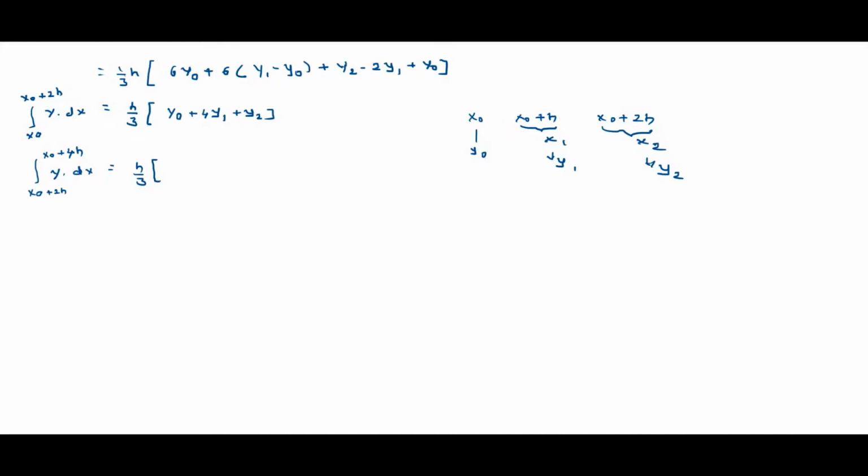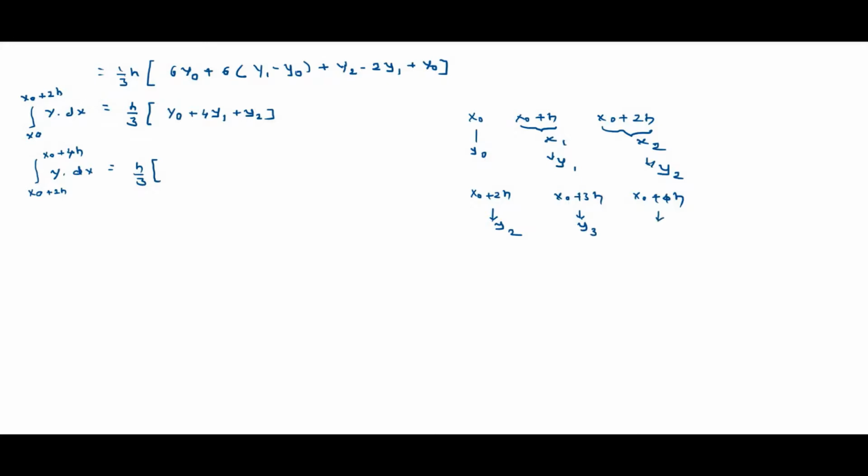Similarly, in the second integral which starts from x0 plus 2h to x0 plus 4h, the middle value is x0 plus 3h. Then x0 plus 2h is nothing but x2, its corresponding value is y2. x0 plus 3h is nothing but x3, its corresponding value is y3.